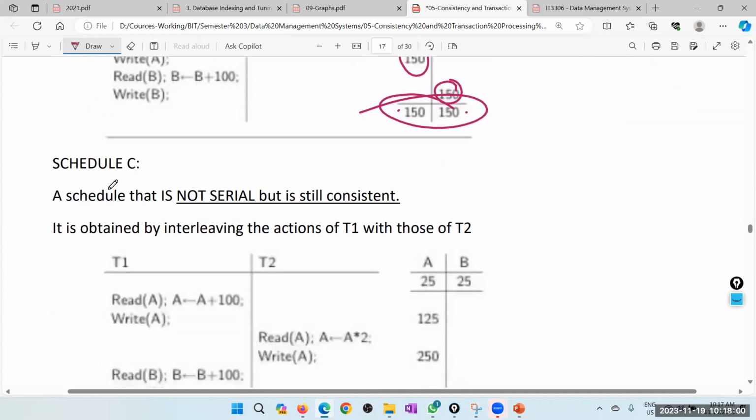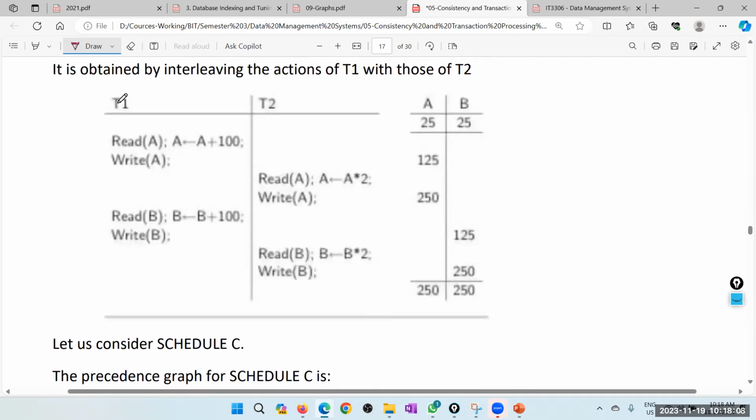Now let's look at another non-serial schedule. Just assume someone has suggested this. Now remember, we want to mix it to make it faster. We don't want one transaction to finish before starting the second one.